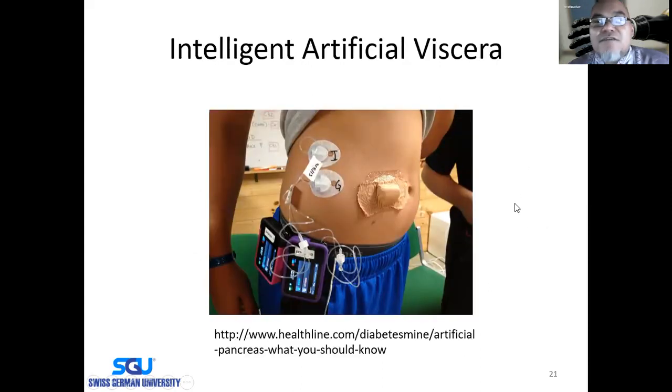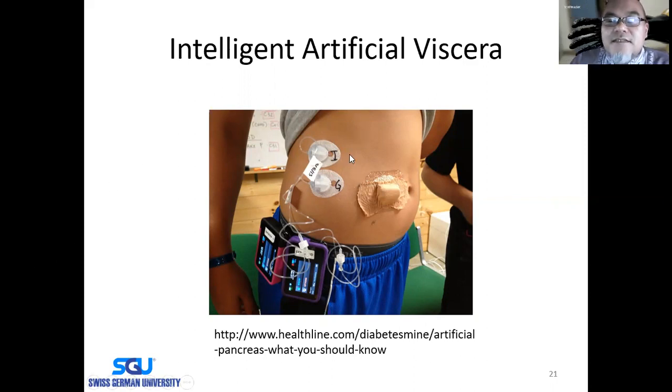This is an example of a product being developed, not yet widely available, what we call an intelligent artificial viscera. This is an artificial pancreas. In the previous case that I mentioned about a diabetes mellitus patient, the patient needs to puncture and analyze the blood glucose level, and afterwards inject himself with the corresponding insulin into his blood.